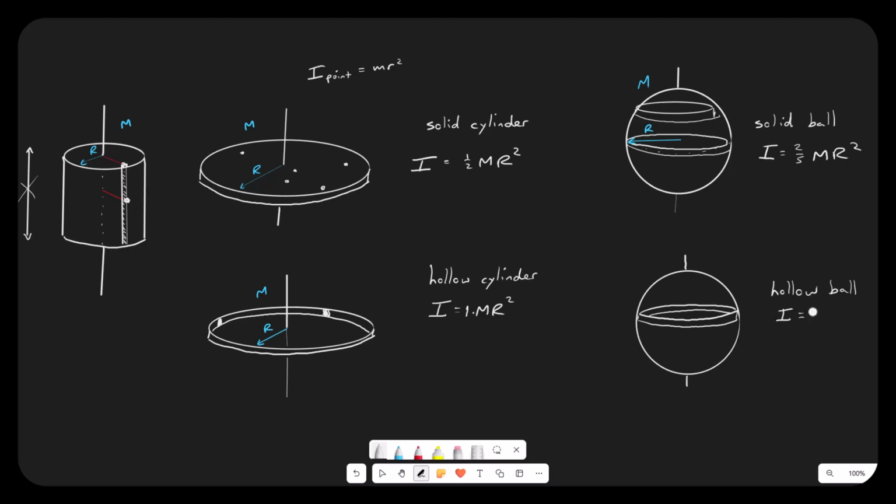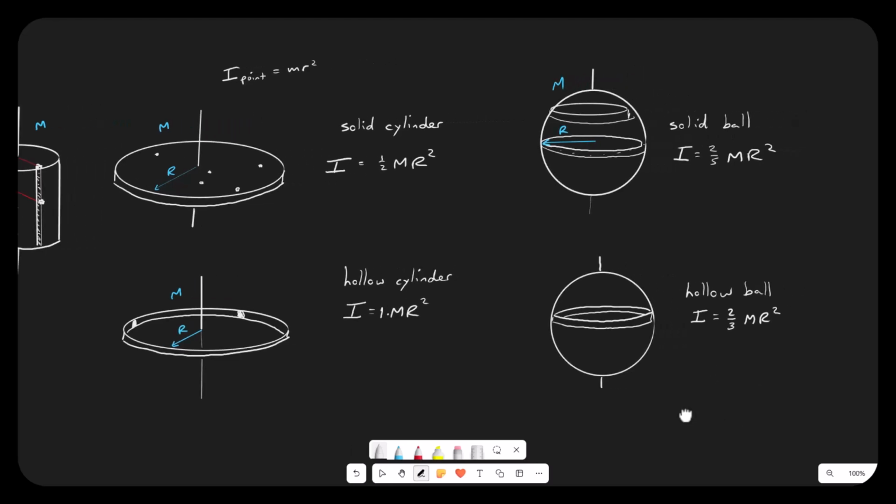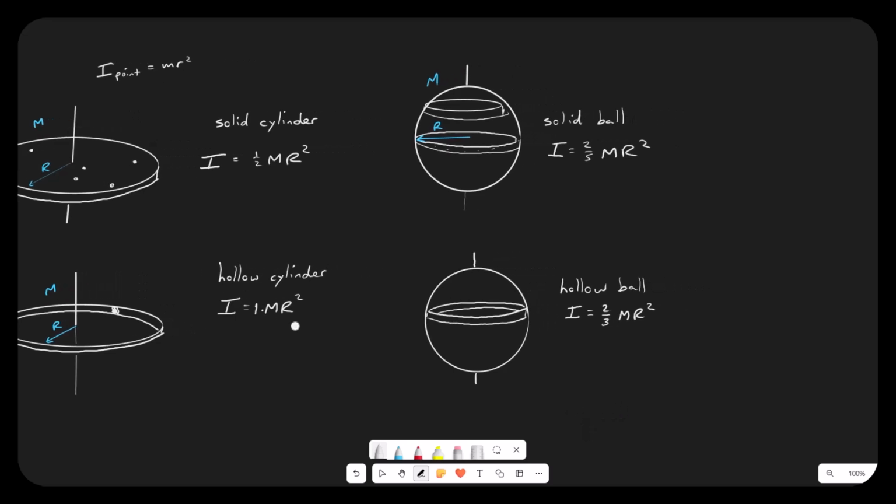And that is the case. I actually get 2/3 mr squared. I should label this: this is the mass and this is the radius of the hollow ball. Just one more set.